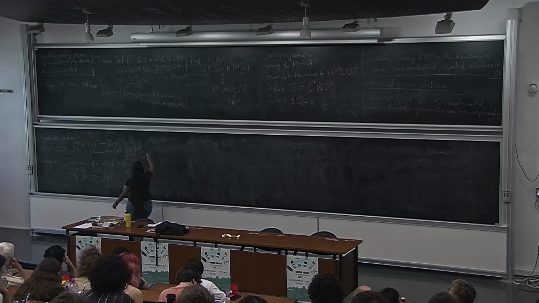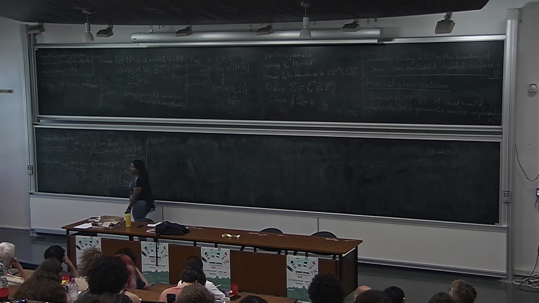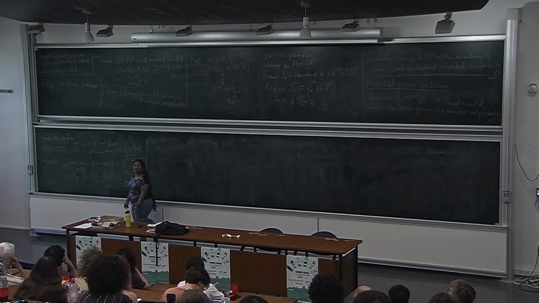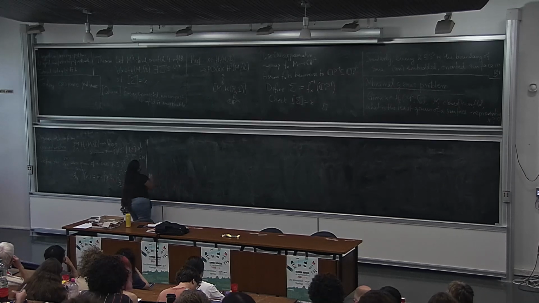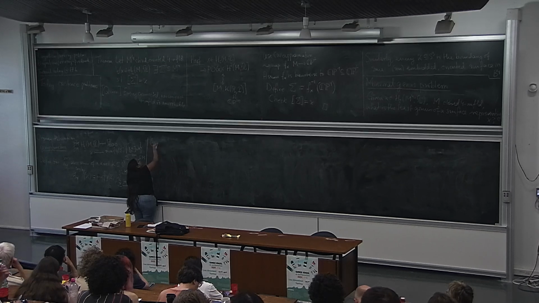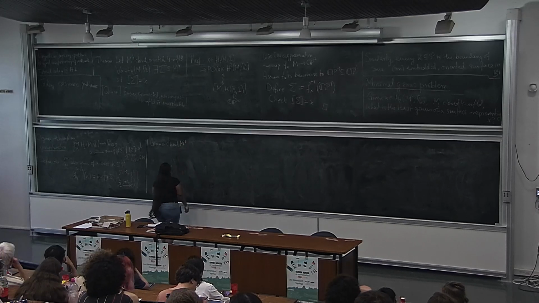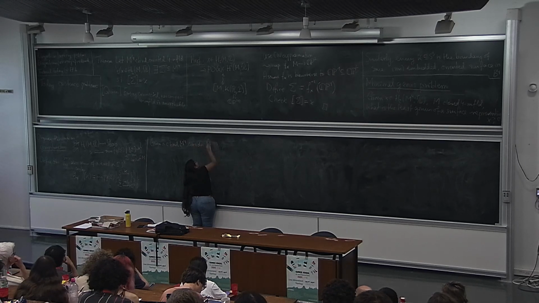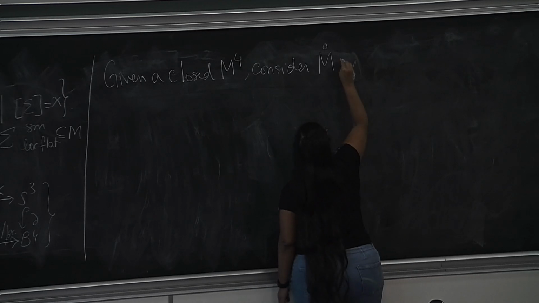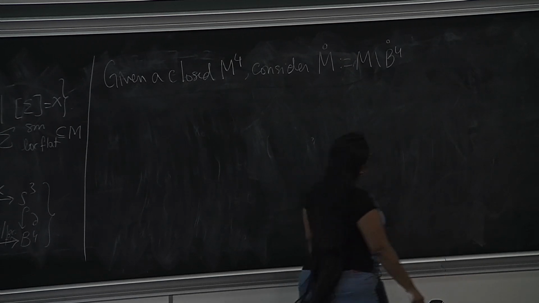Finally, you'll notice that in the relative setting I decided to write down B4, but there is no reason for me to do that. So we could also consider this for more general four-manifolds. This is something that some of you saw in the problems yesterday. Given a closed four-manifold, consider M circle to be the complement of some B4.